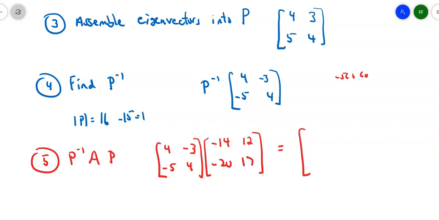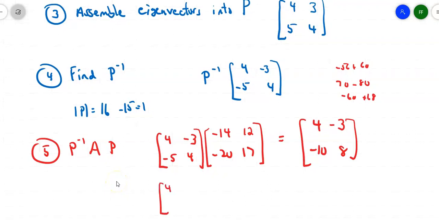So I should end up with a 4. All right, 48 minus 51 is negative 3. 14 times 5 is 70. Minus 80 is negative 10. And I get negative 60 plus 68. So 8. Okay. Now, let's take that times matrix P.